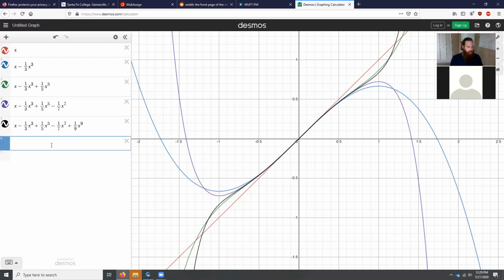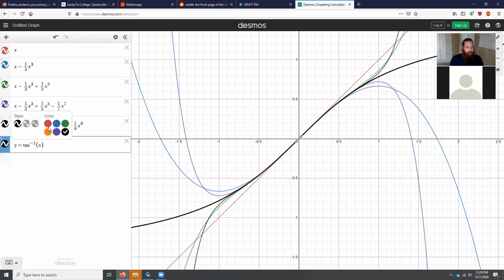I'm also going to graph here the inverse tangent function, and let me pick a color scheme that makes sense. Let's make this black. Let's make this something else. Let me make all these green.